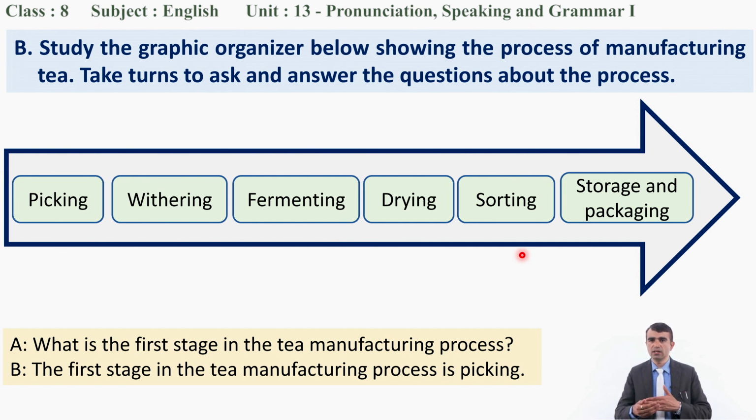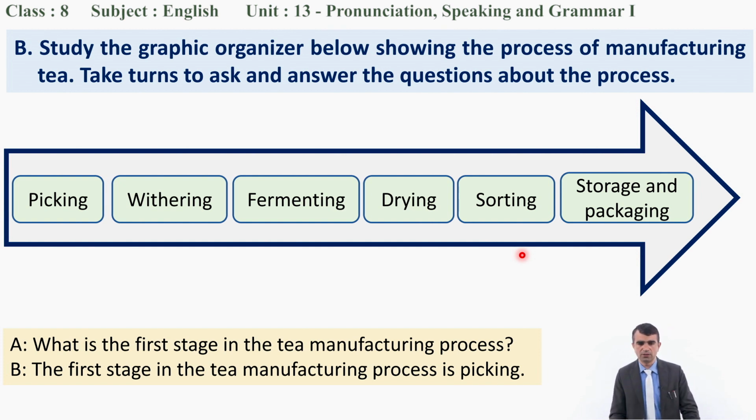In spoken language, we can answer in brief with a single word or two words. That is also possible. But if you are writing the process itself, you should write full sentences. All the sentences should be complete sentences. But in speaking, you can answer with a single word or few words, phrases.